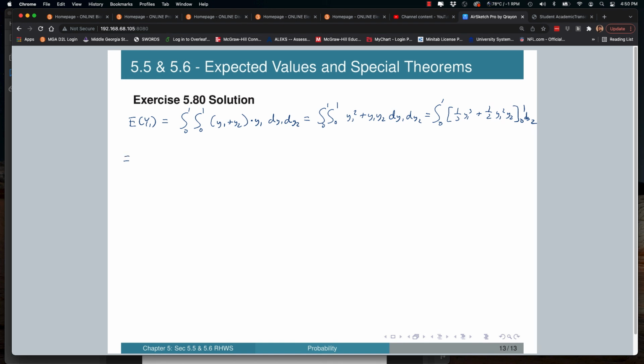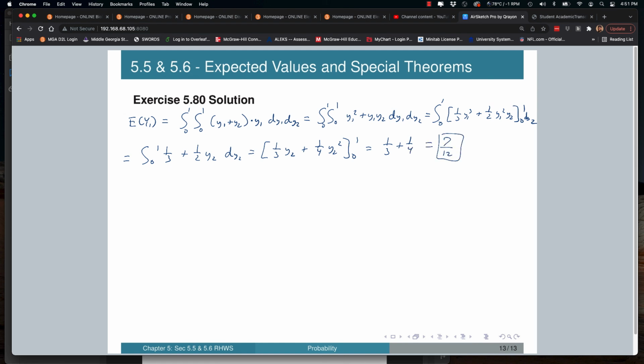Which equals the integral from 0 to 1 of 1/3 plus 1/2 y sub 2 dy sub 2. And that's not too bad to integrate. We get 1/3 y sub 2 plus 1/4 y sub 2 squared between 0 and 1. And so we end up just getting 1/3 plus 1/4, which turns out to be 7/12.